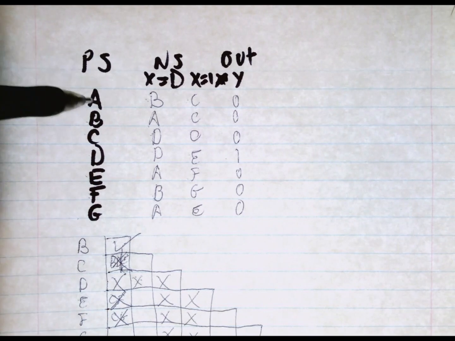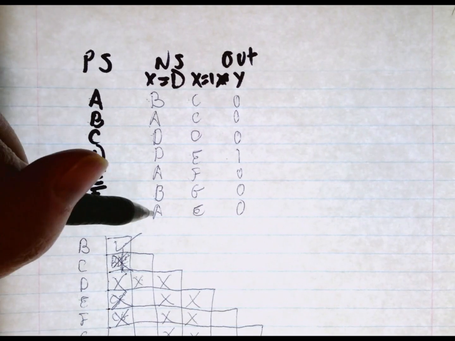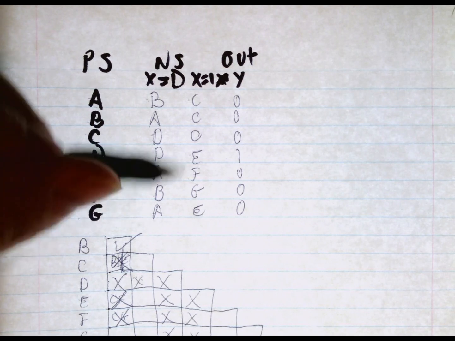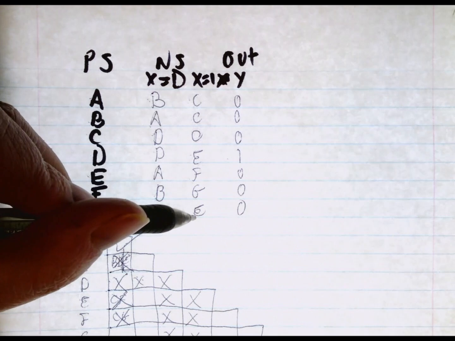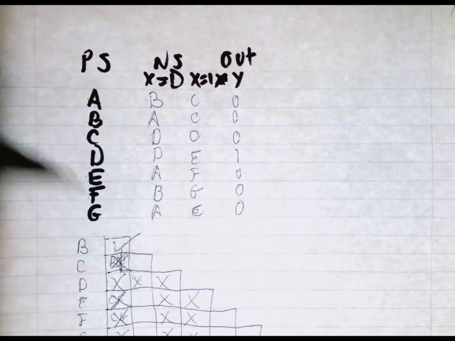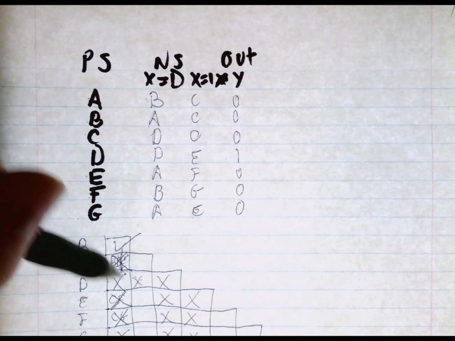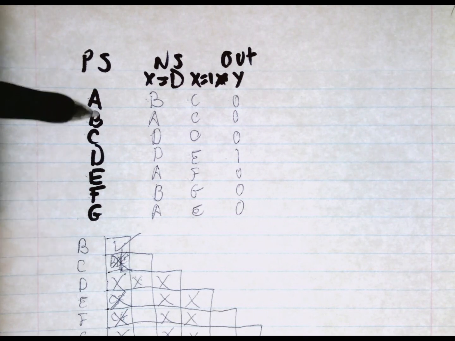How about AG? A and G is equivalent if A equals B. We know it is. What about C and E? Well, if we look up CE, we see it's not equivalent, so we can remove that from consideration. Let's look up BC.